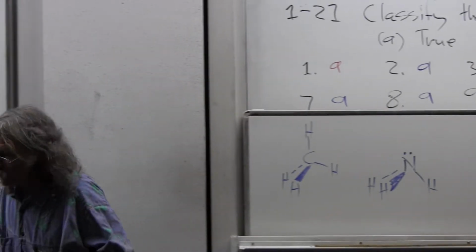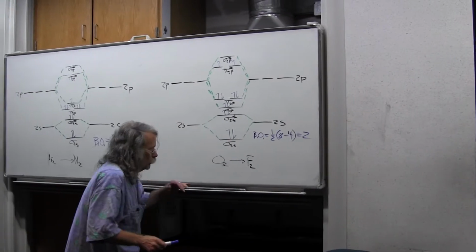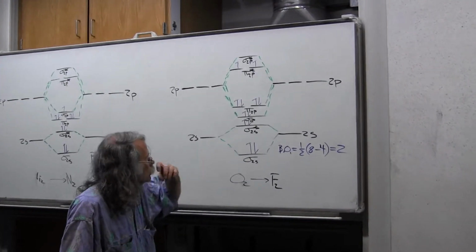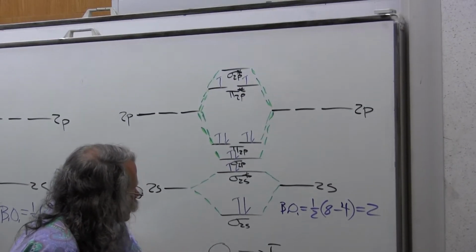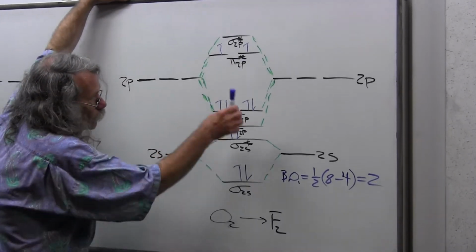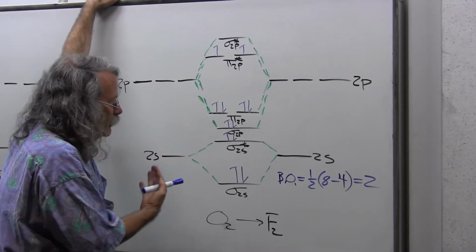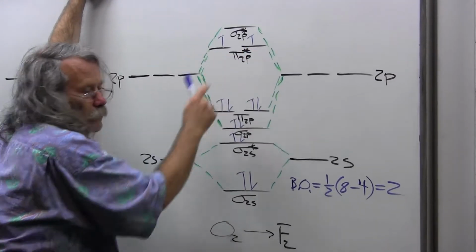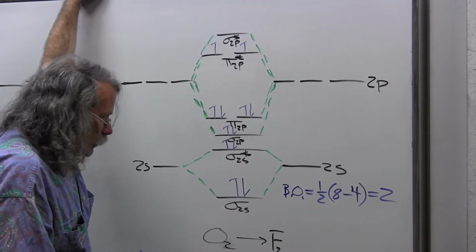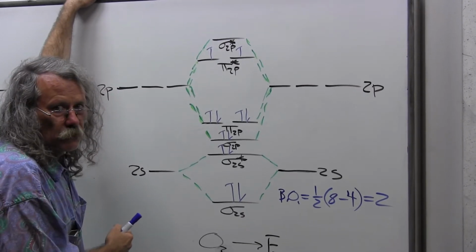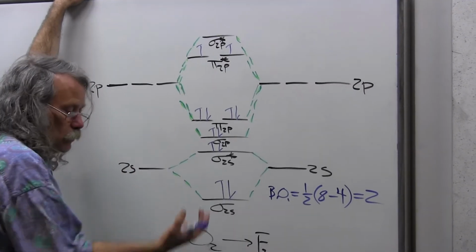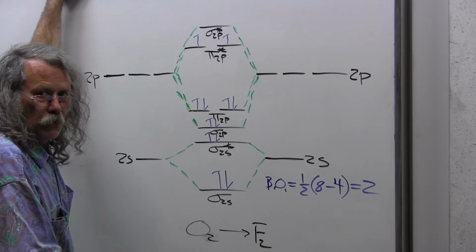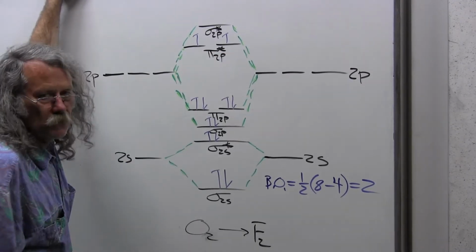And now we can also look at oxygen over here and see within the molecular orbital approach that, because I follow Hund's rule, this reveals immediately the presence of two unpaired electrons. So oxygen is a diradical. It explains a lot about its reactivity, but also explains that it is paramagnetic. I have two unpaired electrons.